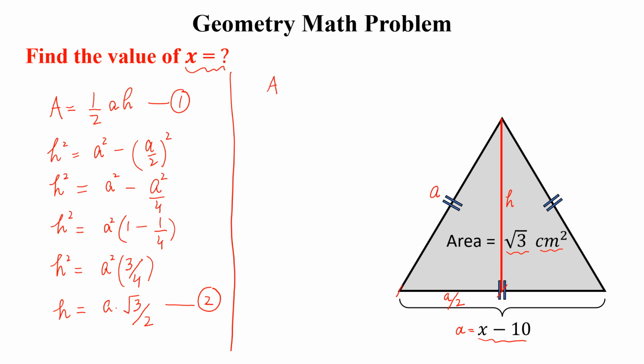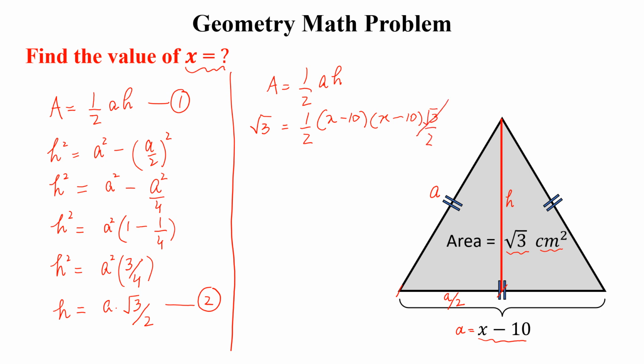Now area is equal to half multiplied by a and h. We will put values here. The area is square root of 3, equal to half into a, where a is x minus 10, and h is a into square root of 3 by 2, so again (x minus 10) into square root of 3 by 2.